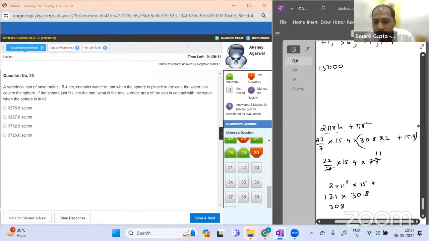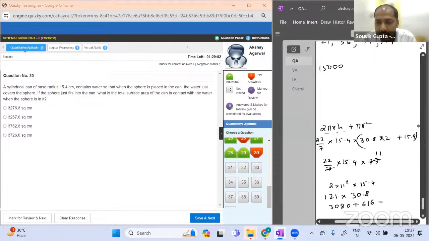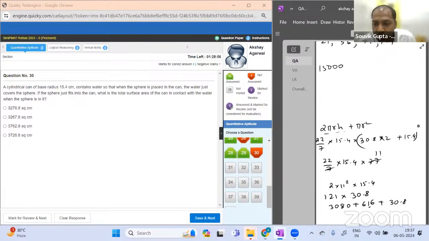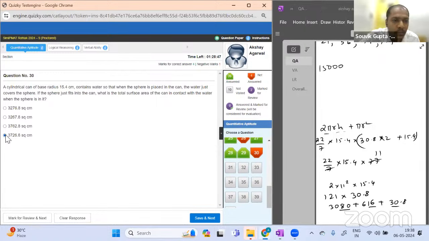So 3080 plus 616 plus 30.8 should end in a 0.8. All the options are ending in a 0.8. 30 plus 16, 46. 46 plus 80, 126. 26.8. Answer should be option B.